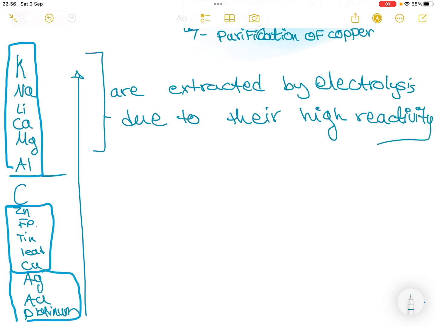Now we have carbon alone, and then from zinc to copper, which is zinc, iron, tin, lead, copper, which are metals below carbon.